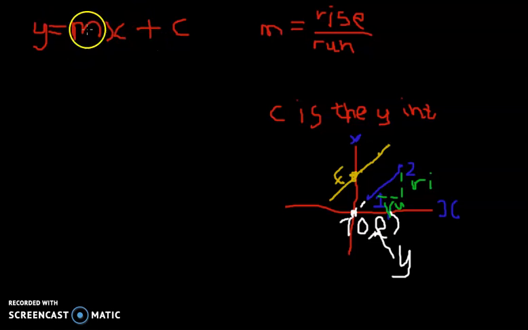And we can also rearrange this equation. Let me just end off with that. We can also rearrange this equation to get x by itself. So let's do y, subtract c from both sides. y minus c equals mx. And this is not actually made popular in mathematics, but this is how you would rearrange the equation.